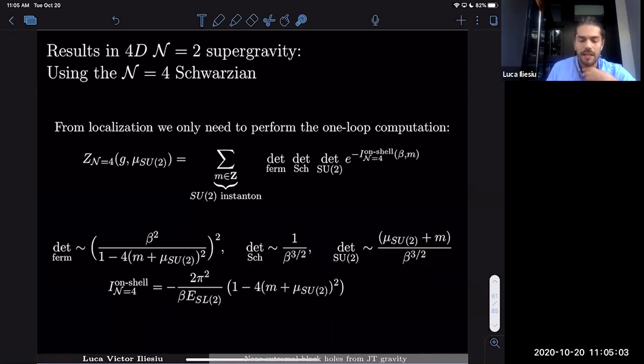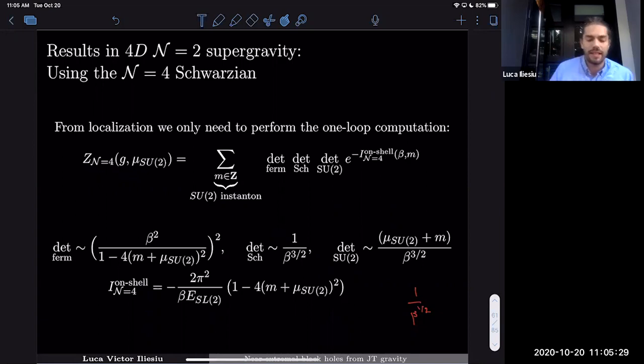That's because there's a 1 over beta to the power 1/2 associated to each bosonic zero mode. The Schwarzian has three zero modes associated to the three generators of its SL(2,R) symmetry. In a similar way, the particle moving on a group manifold has three zero modes associated to the three generators of its SU(2) symmetry.